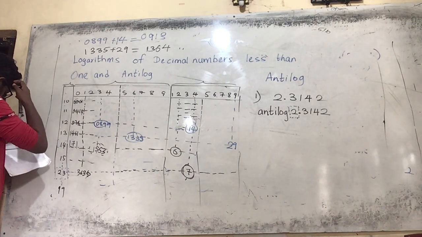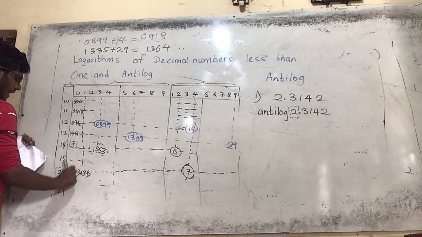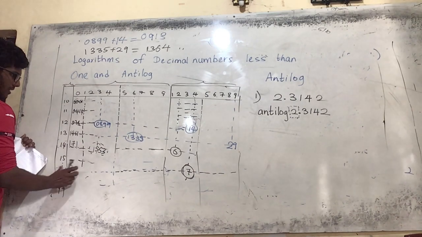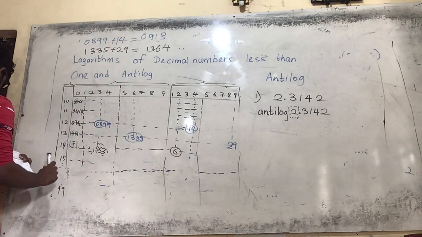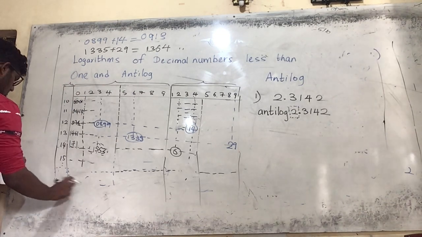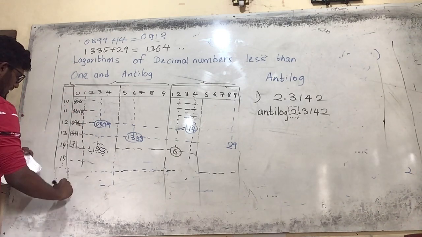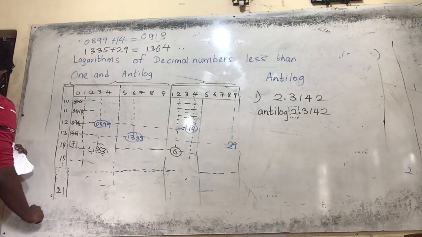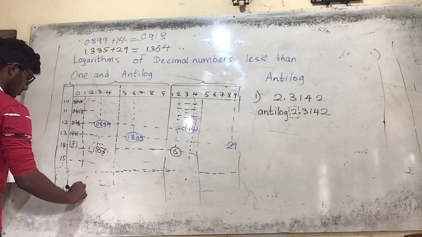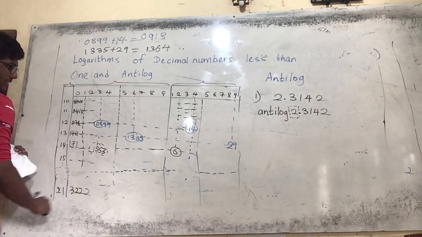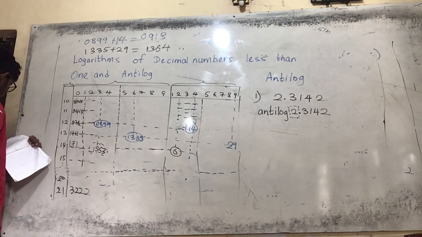You will exceed 3, 1, 4, 2. Here from the 0 column, once you go to 21, 3, 2, 2, 2, you will get, that is bigger than this. So you have to then go to the 20th column.